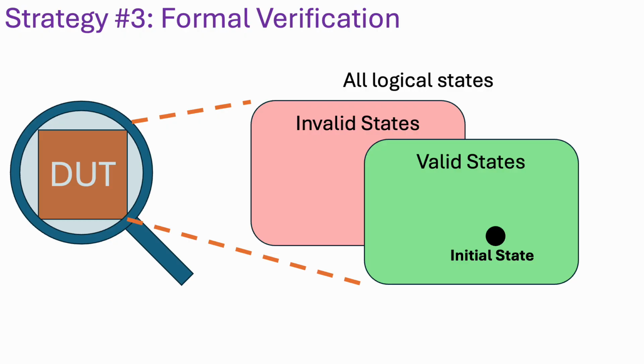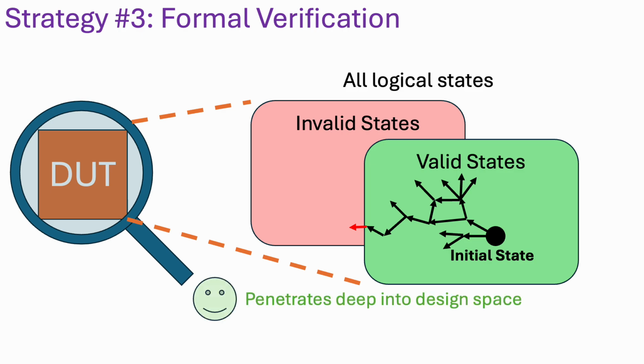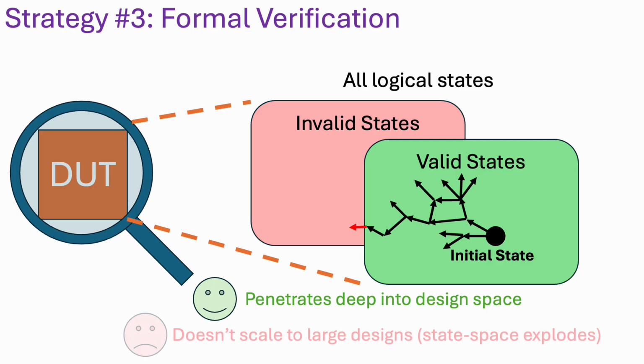And then you start with the initial state and you trace through this whole web of different possible outcomes, and you're trying to make sure that you never have a valid state transition into an invalid state, because that means the design isn't doing something correctly.